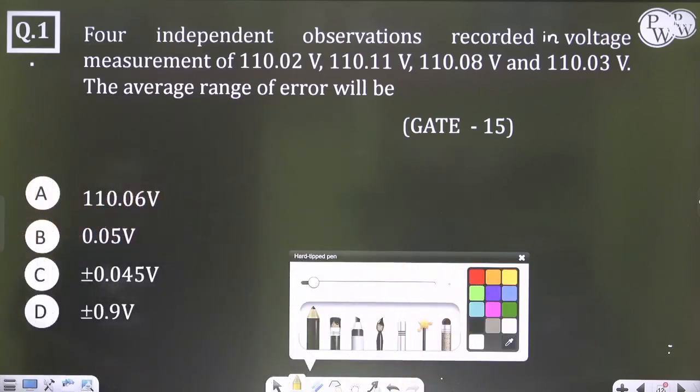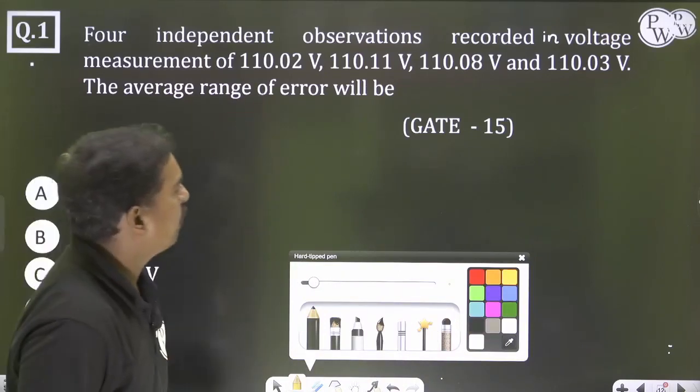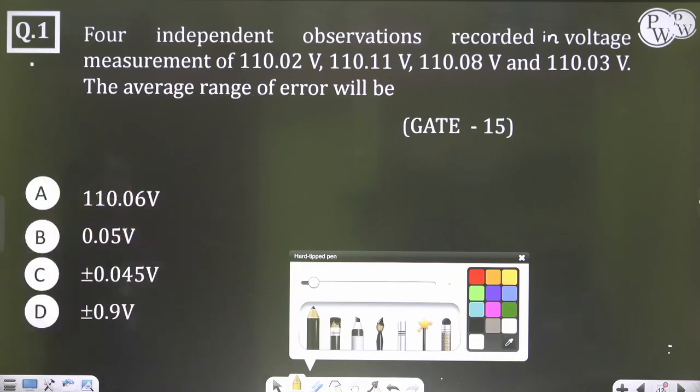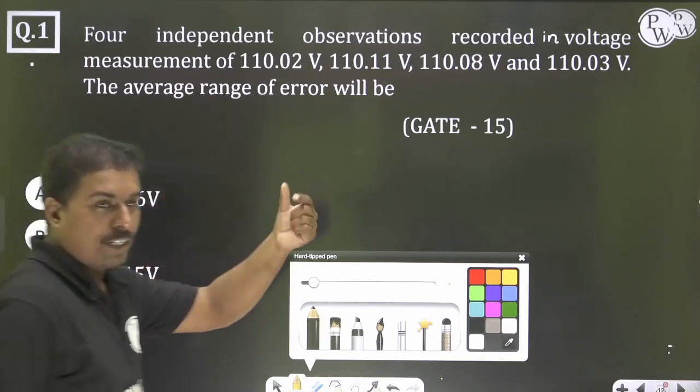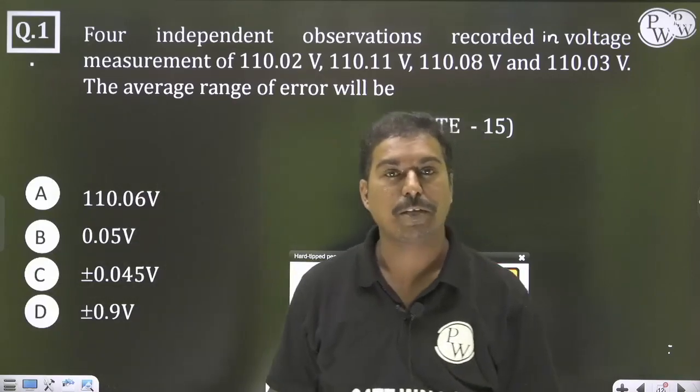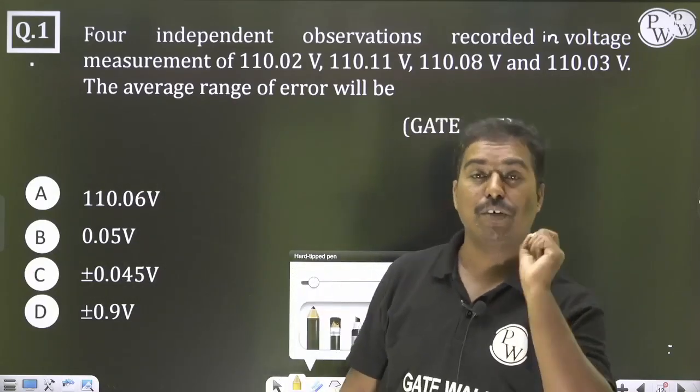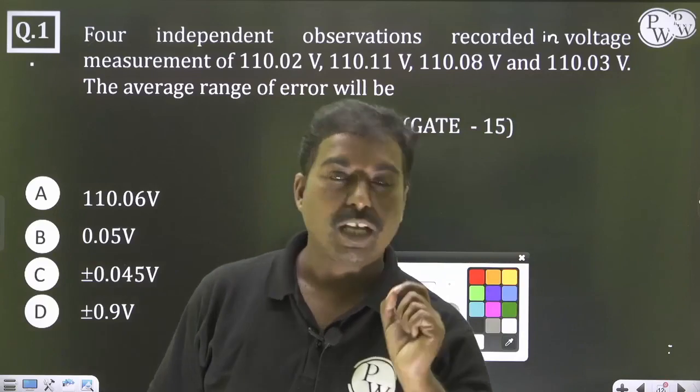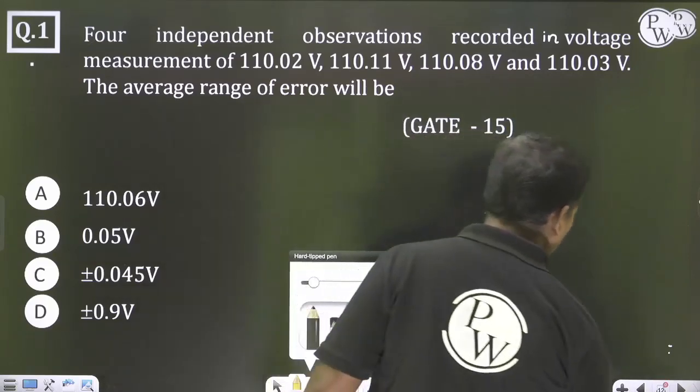Four independent observations recorded in voltage measurement are 110.02 volts, 110.11 volts, 110.08 volts, 110.03 volts. The average range of error will be? That is the question they're asking. What is the average range of error?